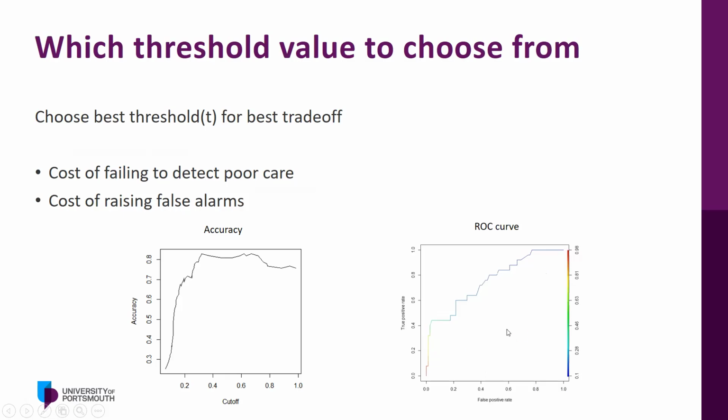Therefore, the area under the curve is always assessed, and the larger that area under the curve, the better the predictive power of your model was. Anytime you want to find out which threshold value to choose, you also need to find out what is the cost of missing diseased cases and what is the cost of raising false alarms, and you want to have a balanced approach.